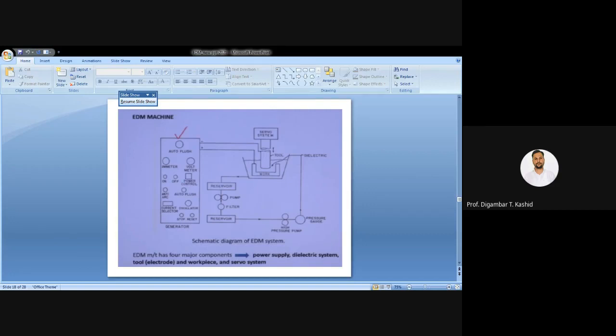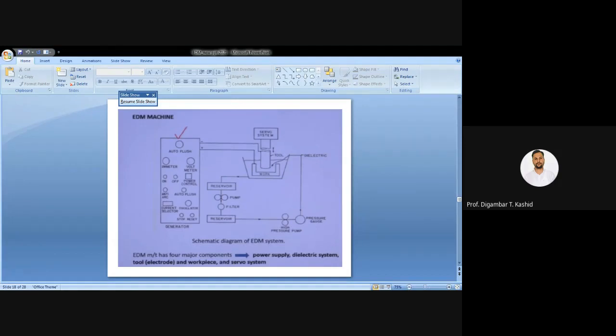So here this tool is there, and inside the tool there is a hollow. First is suction through the electrode. They have used a hollow tube. The dielectric fluid is sucked, and the whole thing is immersed in the dielectric chamber.